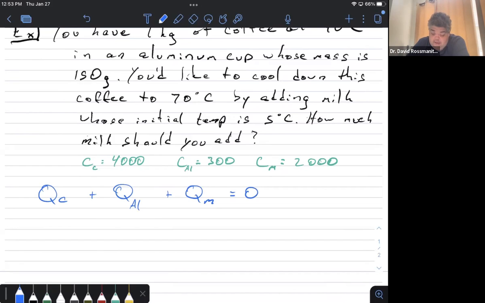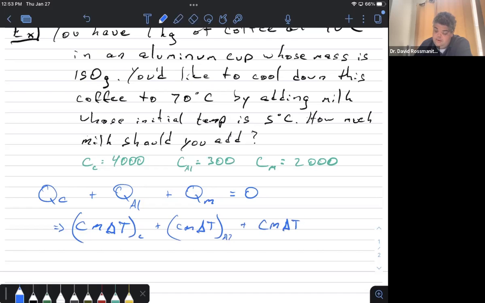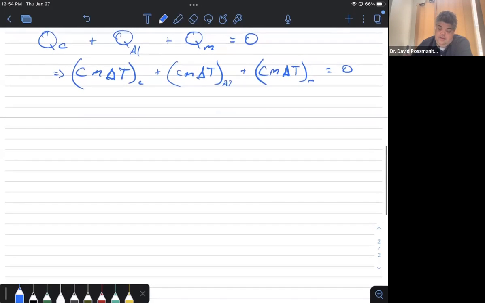And so now all I have to do is replace these Q's with Cm delta T. So there's going to be Cm delta T for the coffee plus Cm delta T for the aluminum cup plus Cm delta T for the milk. And that's going to be how we solve this problem.